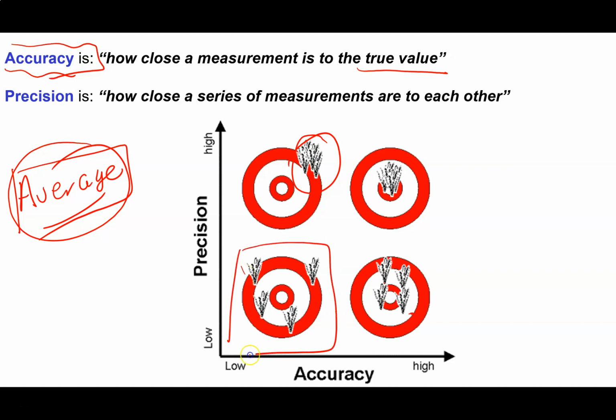The lower set here, if I was to average those out, I've got two at least that are to the left of the desired value, one that with respect to left and right is in about the right spot, and then one that's way over to the right. So in general, this isn't going to work. I'm probably going to end up with an average that would be too far to the left.